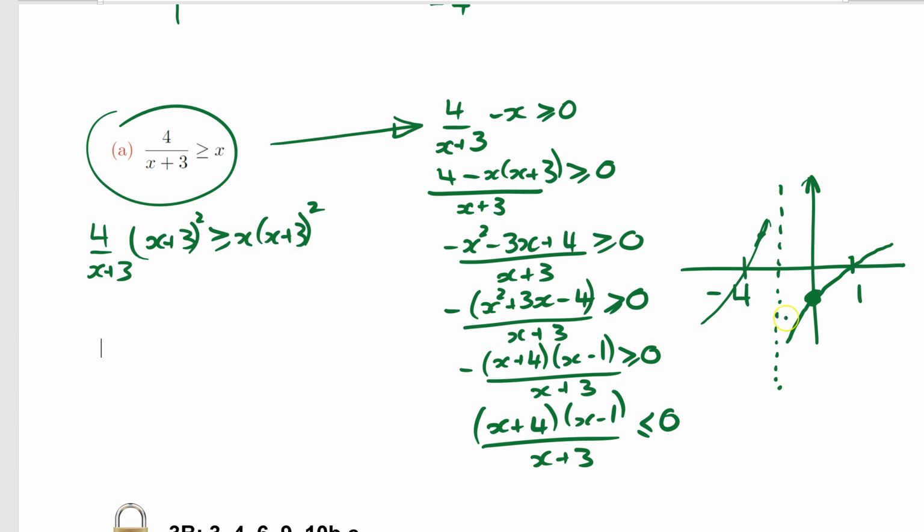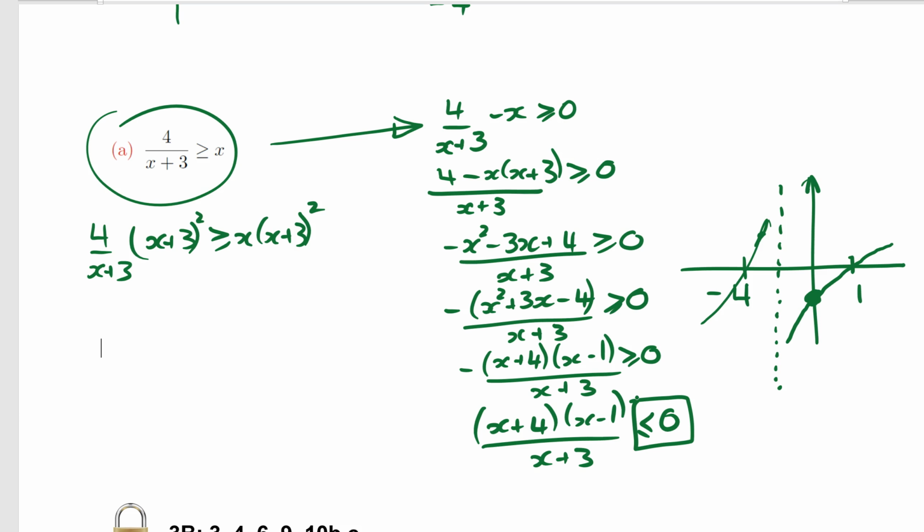Now, all of this doesn't mean that this is anything like an accurate drawing of the shape of the curve, but I do know that the curve is positive in this gap, negative in this gap, doesn't exist here. It's negative in this gap, and it's positive past there. And what I was interested in was where this curve, whatever it really looks like, is less than or equal to 0.